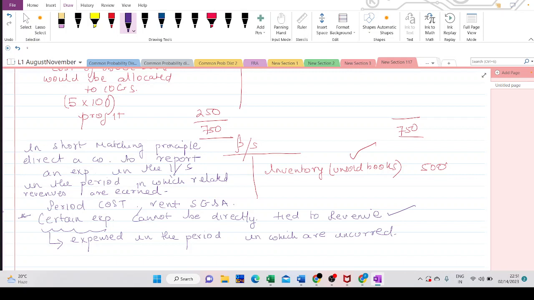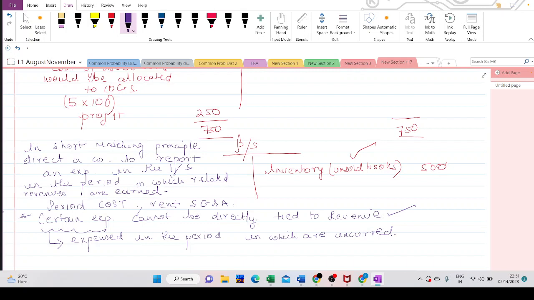They are not directly related to the production of inventory. So these are expensed in the period in which they are incurred, and not when related revenue is recognized, right?